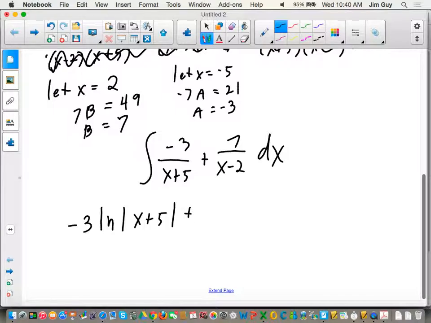Plus, same story here. Let u equal x minus 2. So we get 7 ln of absolute value u, which is x minus 2. Nothing in here to divide by, plus C. Okay, that is integration by partial fractions.